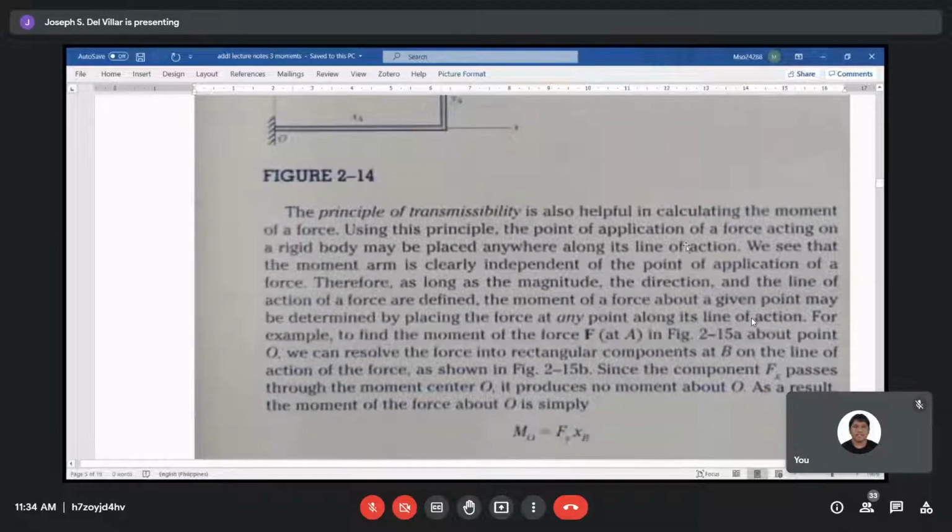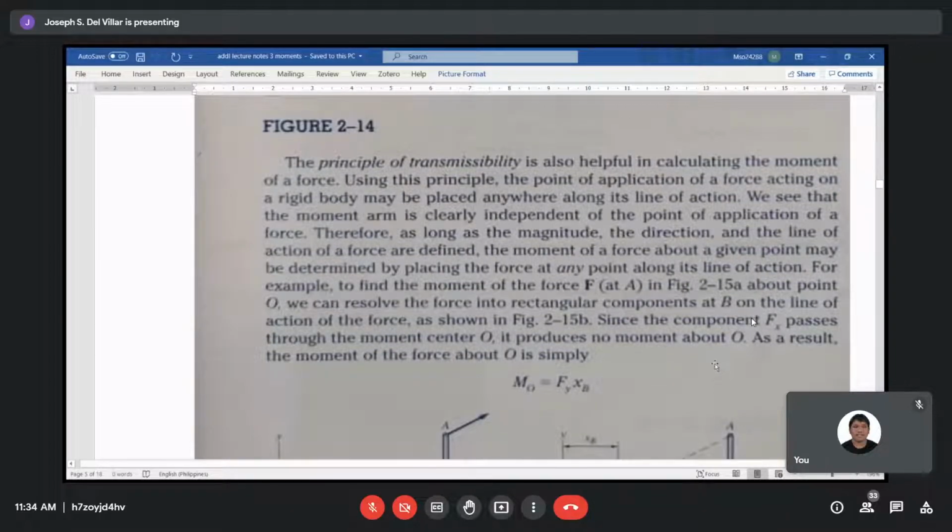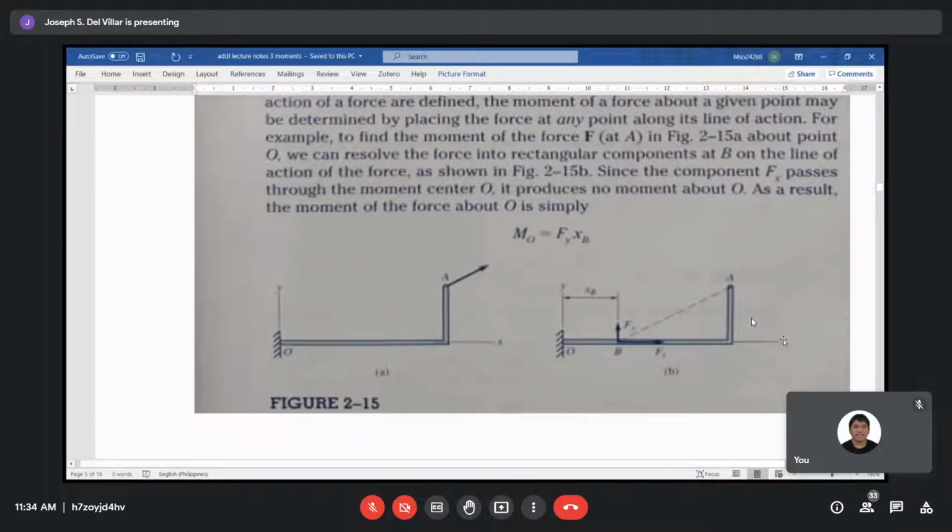Until such a time that makakakuha kayo ng isang component na dumaan doon sa pivot. So let's take a look at this one. Ito na yung kaninang example ko, di ba? Kapag binaba mo yung line of action of the force, mag-intersect siya dito.